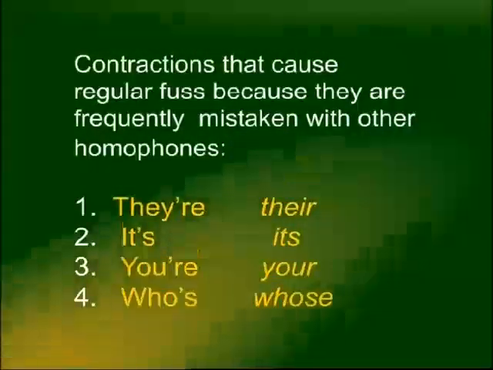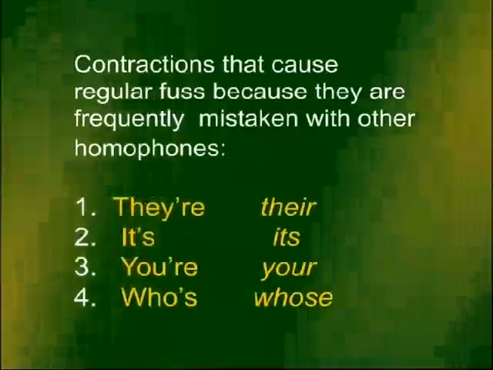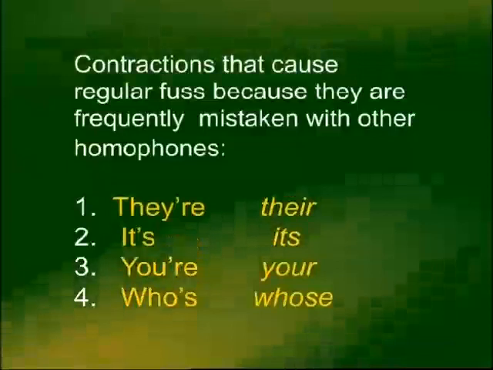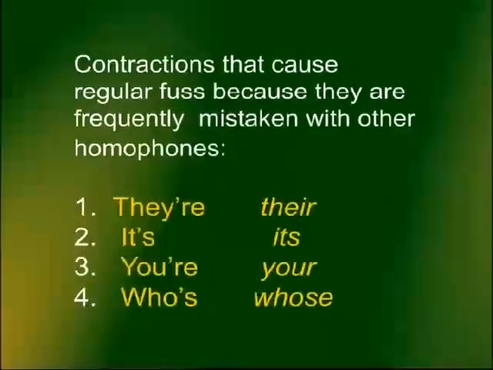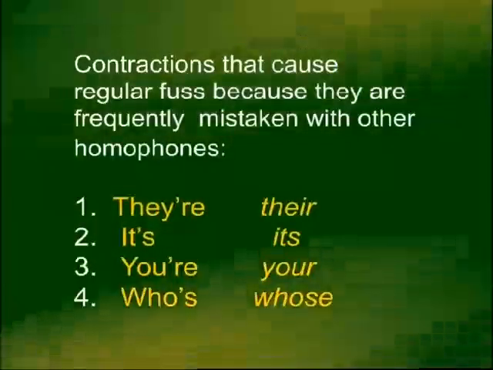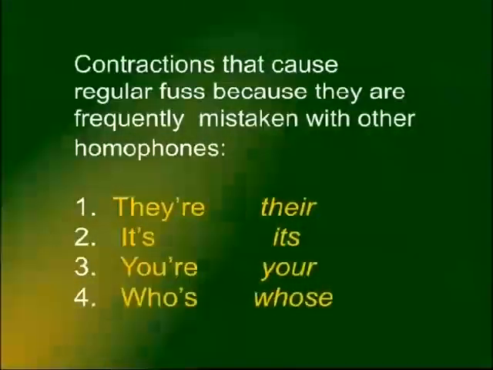And these words are they're and their. T-H-E-Y apostrophe R-E, meaning they are. And the other word is their, T-H-E-I-R, which means belonging to them. The other pair of words is it's and its. One means it is or it has, and the other means belonging to.